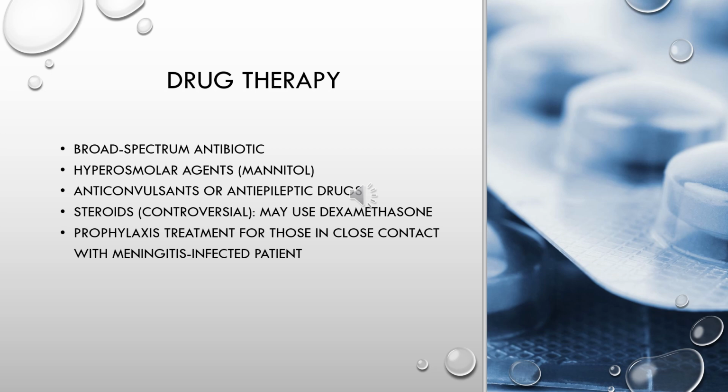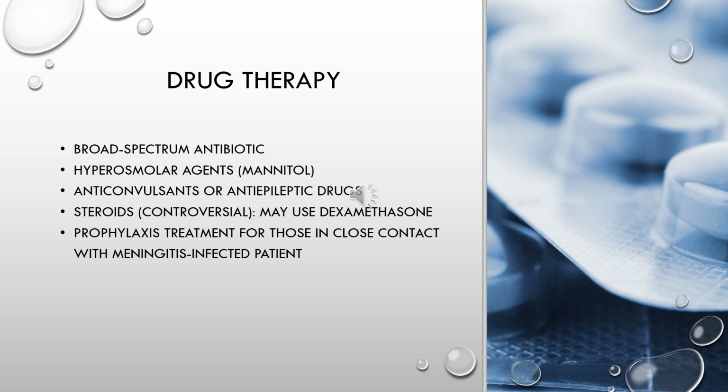Anticonvulsants or anti-epileptic drugs, because these patients can have seizures, so you want to make sure that does not happen, so seizure precautions and things like that. And then steroids, this can be controversial. They may use dexamethasone. If I remember correctly, your book doesn't actually list steroids anymore, but I put it on here because you may still see those used, just so you know.